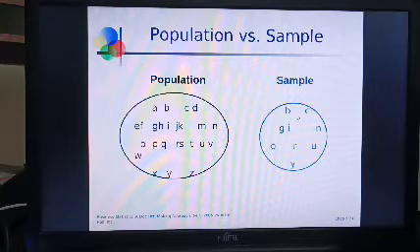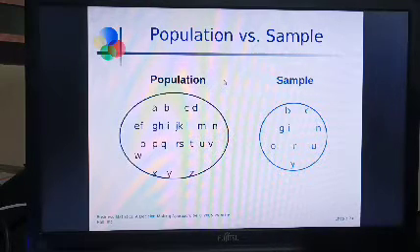Maybe just this: B, C, G, I, N, O, R, U, Y. Just a small part of the population. I hope it is clear enough what is sample versus population.